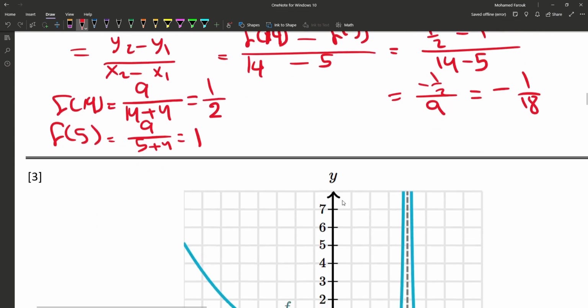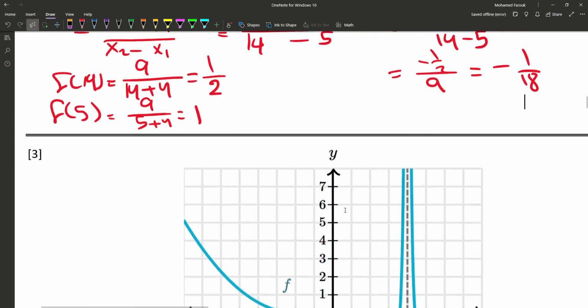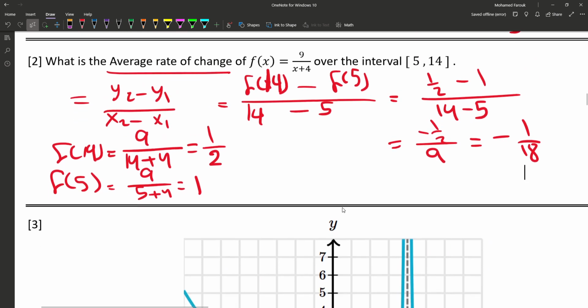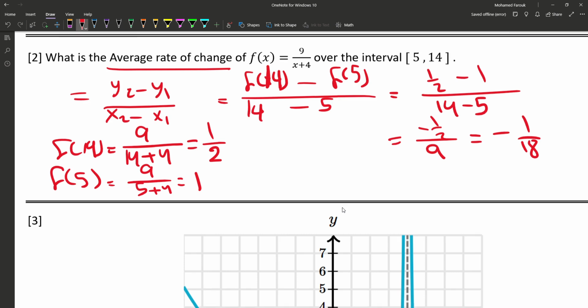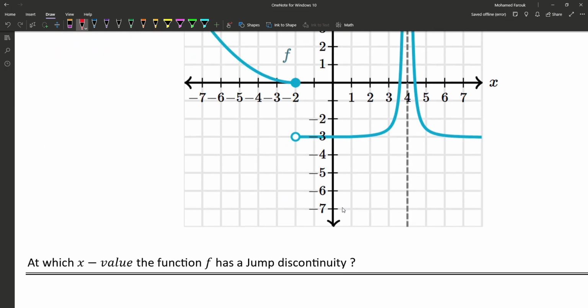Okay, next one, check it again, half, 1, okay, negative half, this one is 9.